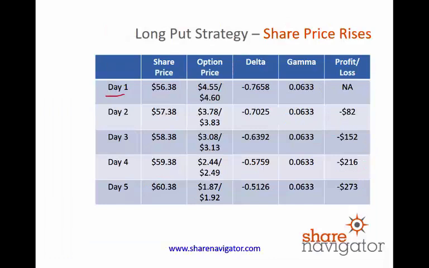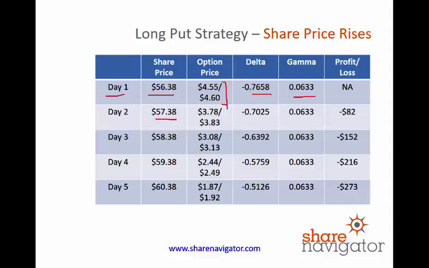So look what happens now when the share price rises. Again, we're in day one. The share price is 56.38. This was the quote for our option. Our delta amount is minus 0.7658 and our gamma amount is 0.0633. We get to day two, the share price has gone up by $1, so now it's plus 1. You can see the value of our put option has gone down by the previous day's delta amount because the share price has gone up.